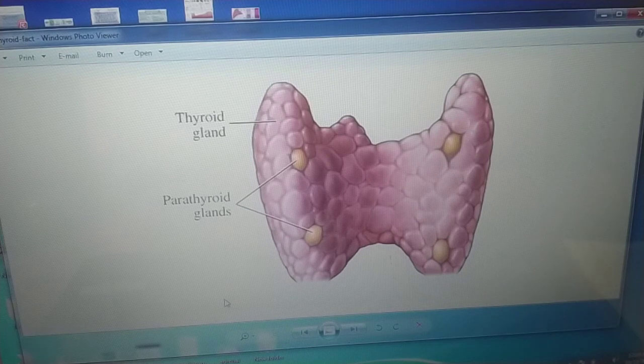Next we have hyperparathyroidism, that is excess production of parathyroid hormone. Excess of the parathyroid hormone draws more calcium from the bone. It causes demineralization, and it results in the softening and bending of the bones.